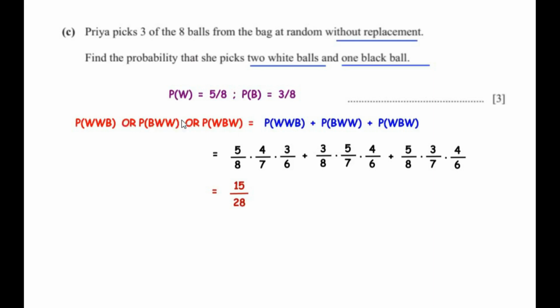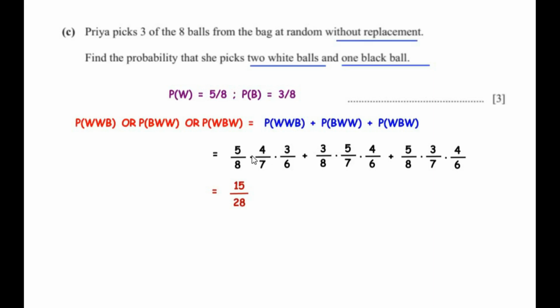Since we have written OR and OR, it's going to be an addition again. And here we have written the respective probabilities. Starting with the first one, that is the probability of getting a white. There are a total of 5, so it becomes 5 over 8 times, again we have a white ball. Now since we have already picked up 1 ball, the total number of white balls is going to reduce by 1, so it becomes 4.